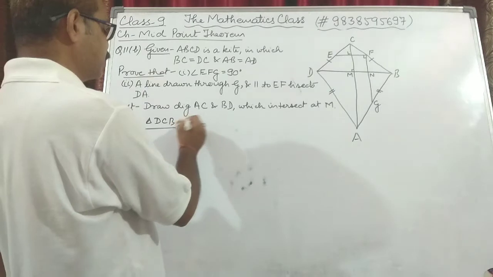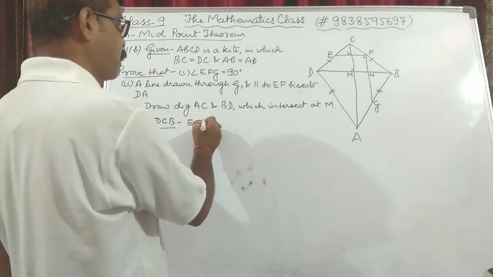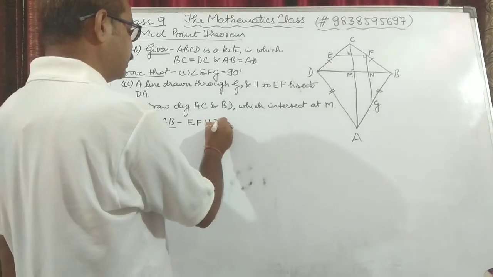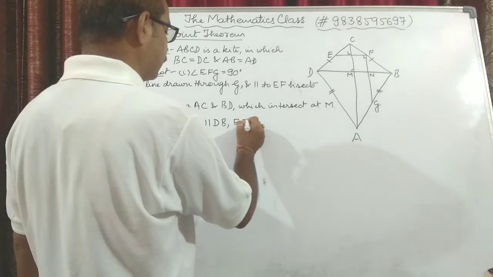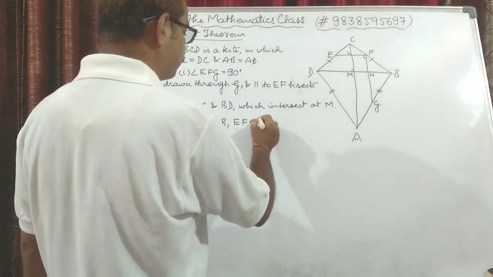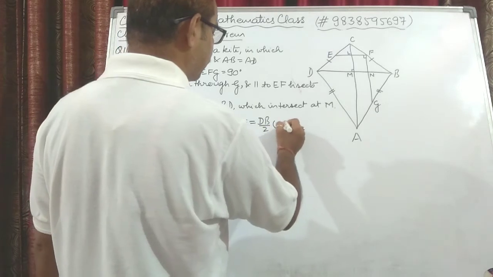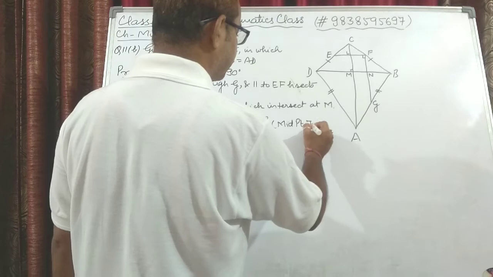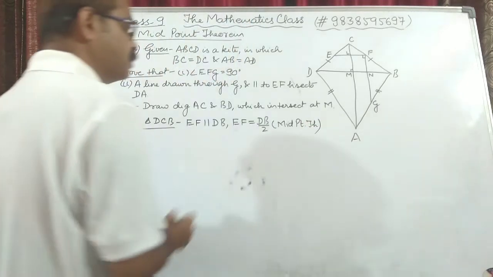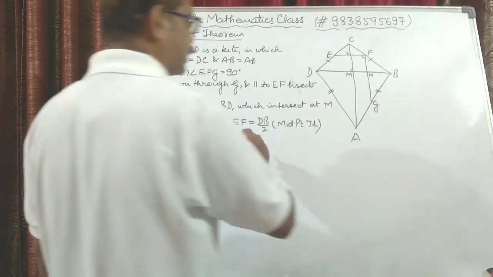So in triangle DCB, we can say that EF will be parallel to DB and EF will be half of DB. What is the reason behind that? Midpoint theorem. By midpoint theorem.